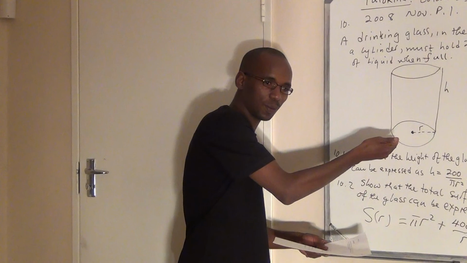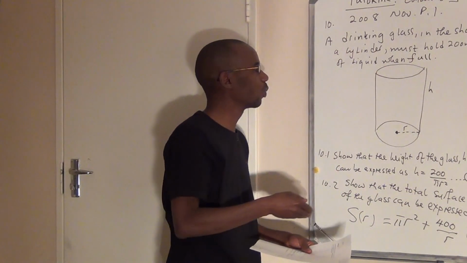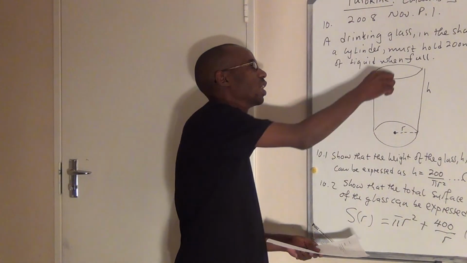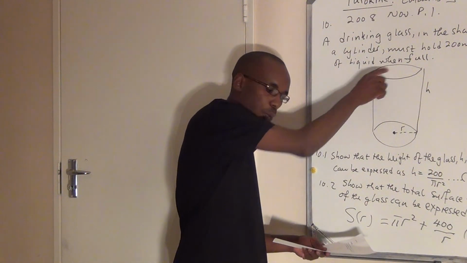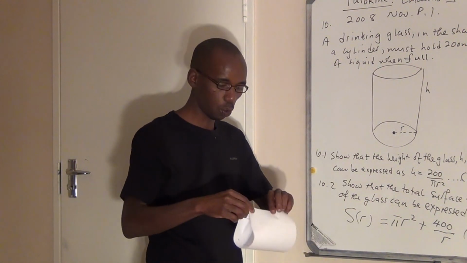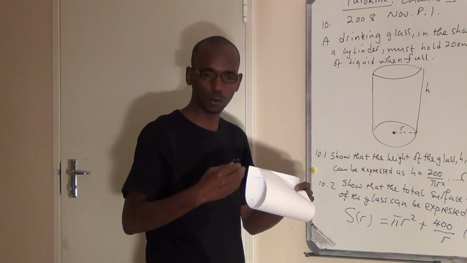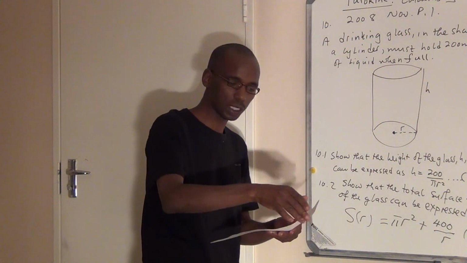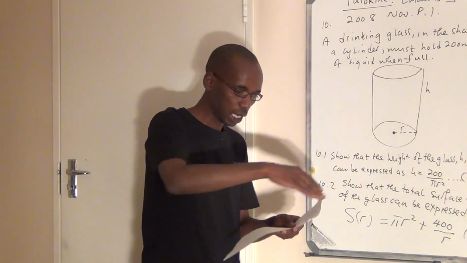That's number one. If it's a drinking glass, then we also have to assume that it's open at the top. So when we're talking of the surface area, we are talking of this whole surface, which is the length of the circumference and the height.